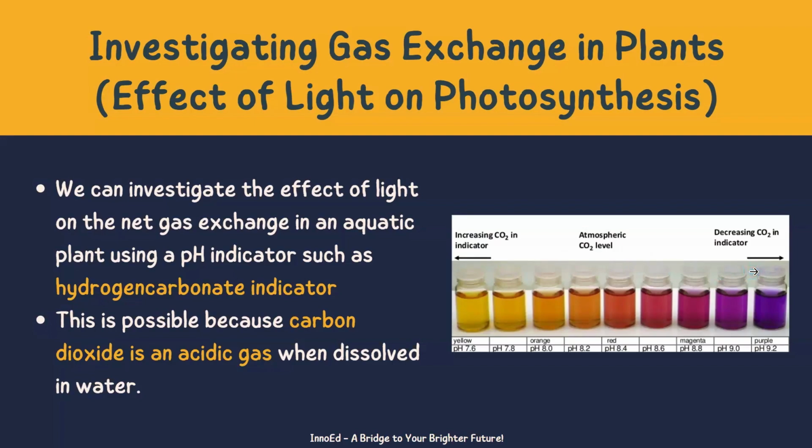When there is less carbon dioxide, the pH will be higher, so the indicator will change into purple. At the atmospheric carbon dioxide level, the normal pH will give a red color.